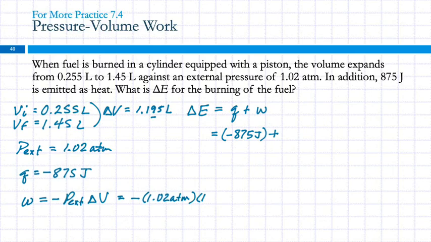Change in volume, 1.195 liters. And so I can multiply those. And I get negative 1.2189 atmosphere liters. Or liter atmospheres. Can I add joules and liter atmospheres? No. They have to be the same unit to add. So I need to convert this to joules.